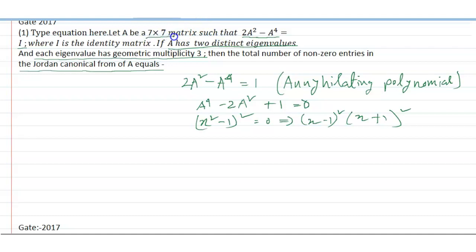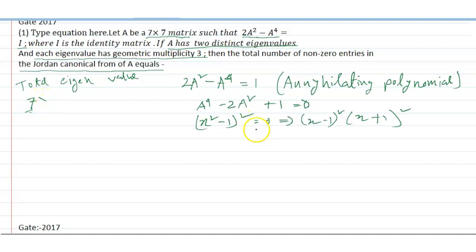So 7 cross 7 is the matrix order, so the total number of eigenvalues must be 7.